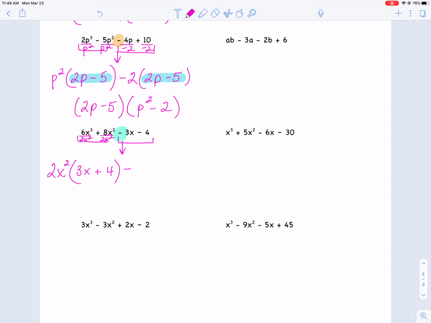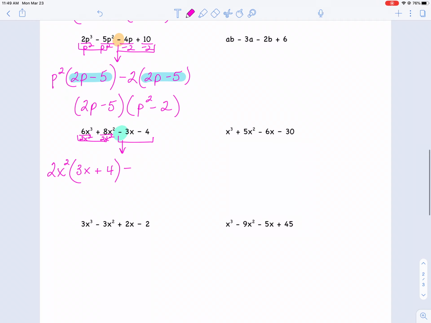No. Do they both have an x? No. But you have to bring something down. So what's a basic number that we can bring down that they really both can go into? 1. So if I divide both of these by negative 1, I'll have positive 3x and positive 4. And I know I'm right because they match. So one factor is 2x squared minus 1, and my other one is 3x plus 4.